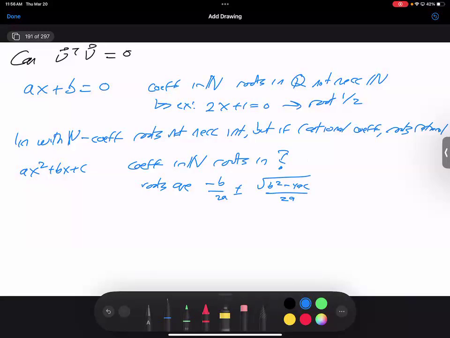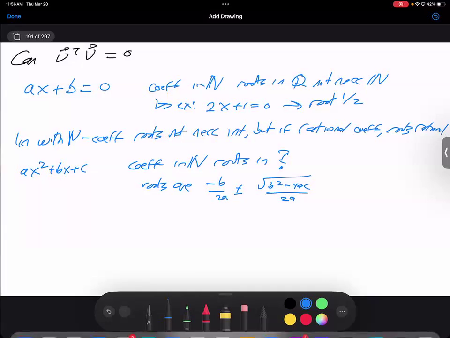Except for what if b squared minus 4ac is positive, a square root. So I could get real numbers of the form rational plus rational times the square root. I could also get an imaginary part that is going to be an imaginary number times the square root.